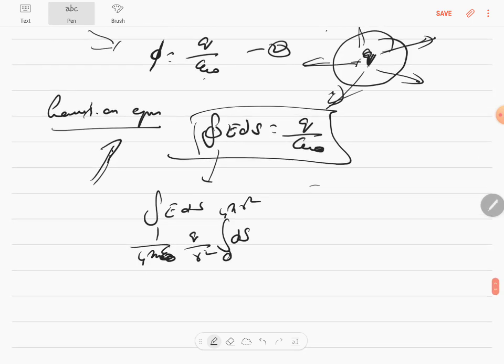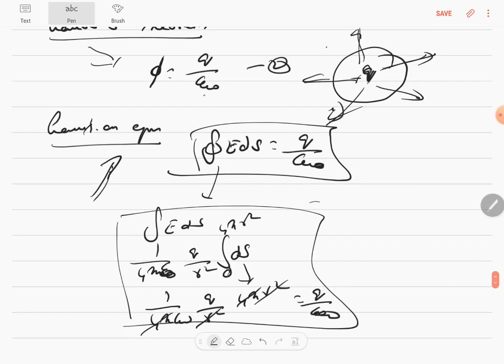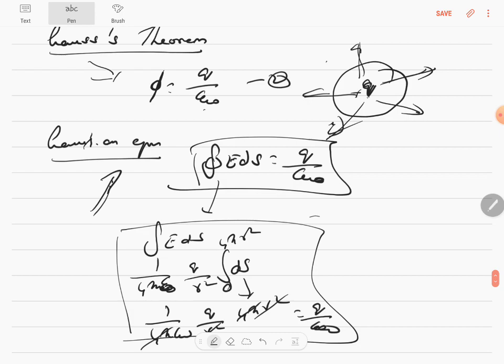When you integrate ds, it becomes S. So 1 by 4 pi epsilon naught into Q by r square into S, and S itself is 4 pi r square. 4 pi gets cancelled, r square gets cancelled. Thus you get Q by epsilon naught. So you can arrive at the flux being Q by epsilon naught using Gauss's equation.